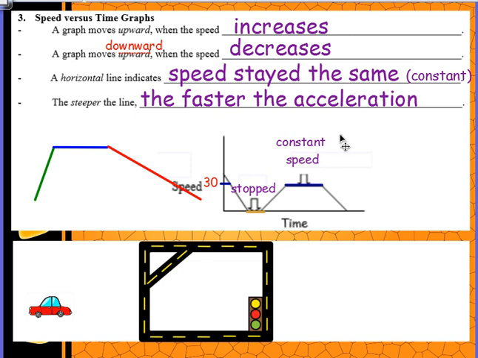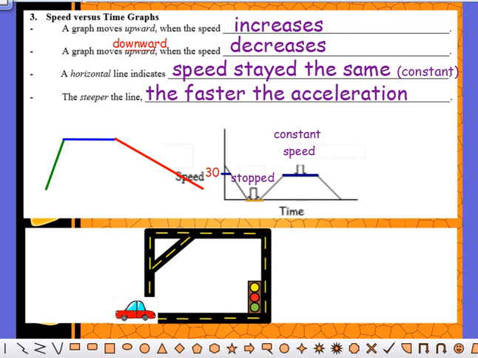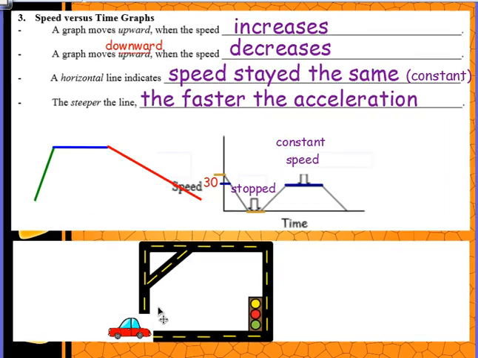So if I had to model this graph that was here, let's say that this car is traveling down the road at about that. So let's say this car is traveling at about 40 miles per hour, which would be right about here. If this car is traveling at 40 miles per hour to begin with, okay, so he's moving along.